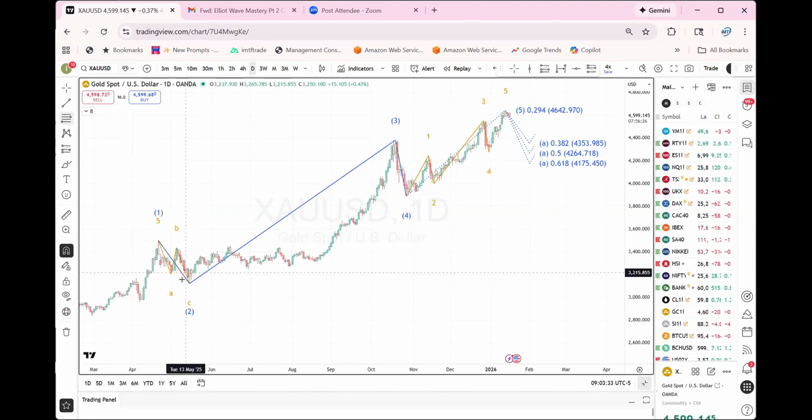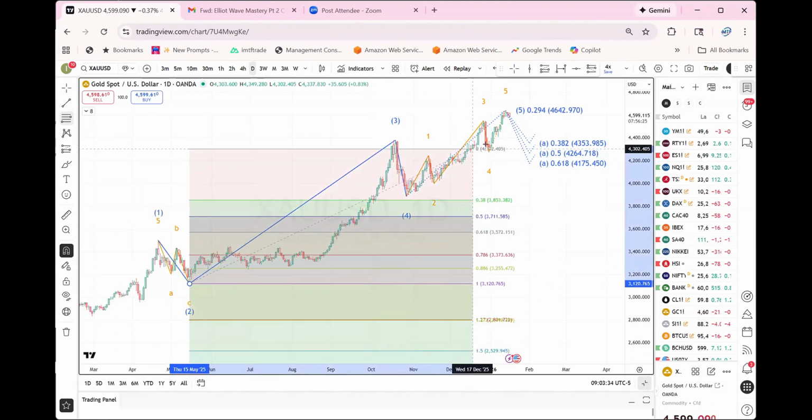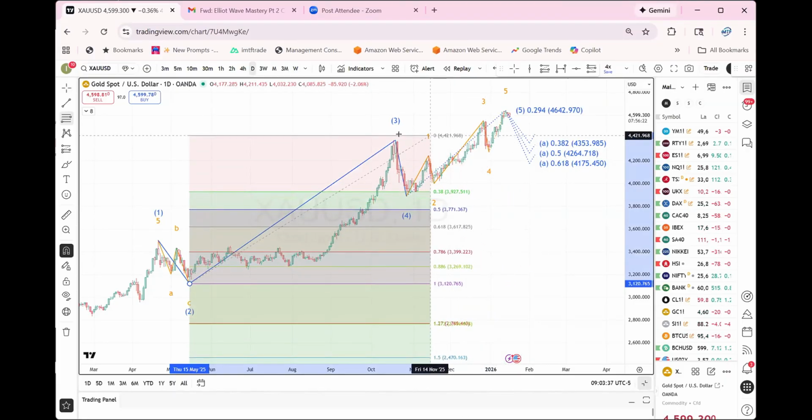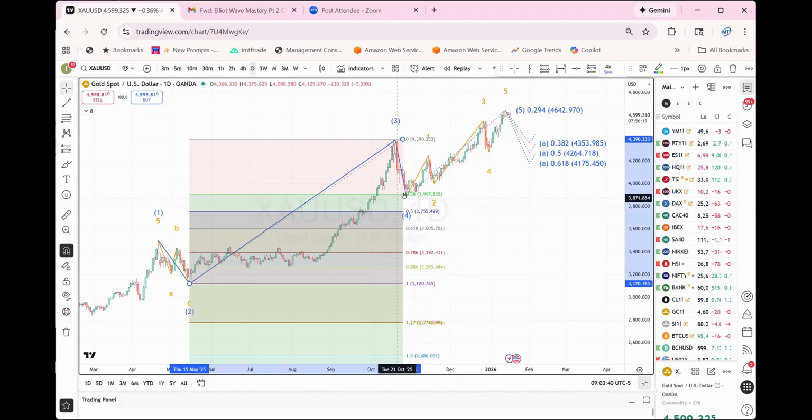And the reason why is if you go from 2 to 3 here, this stopped at the 38.2%. If it stops at 38.2, this is still the 3 wave going up. So this is a perfect opportunity, when it stopped here, to start looking for bullish trades from this point on, because it stopped at 38.2.